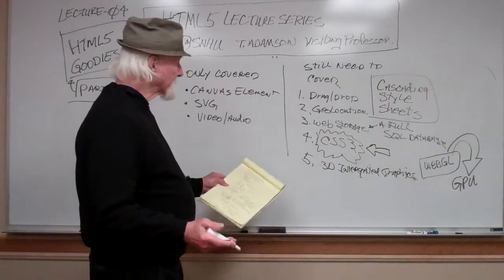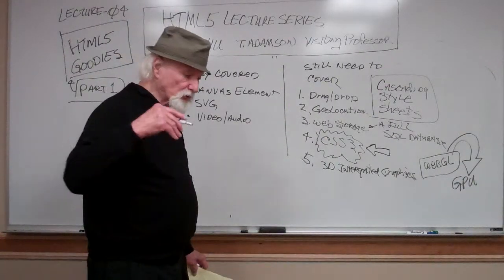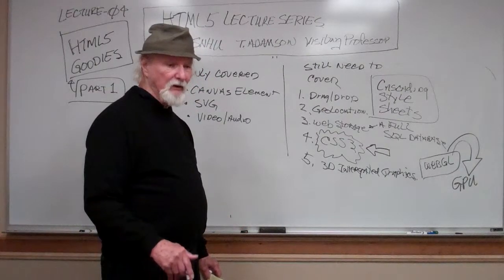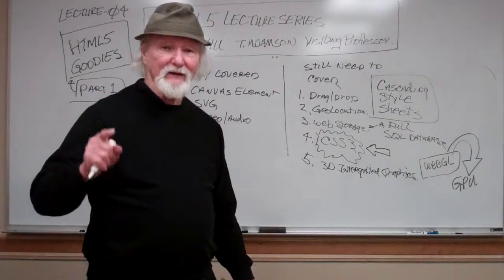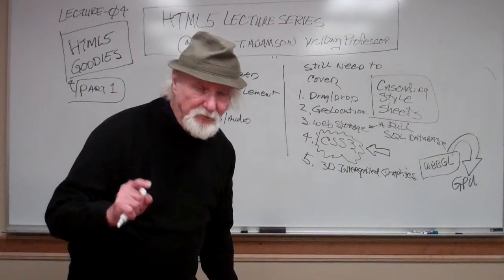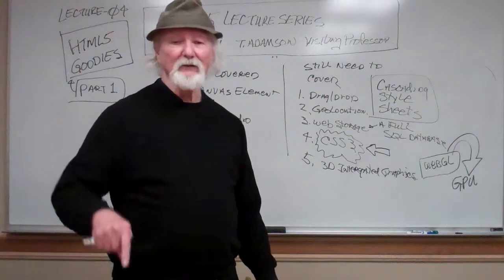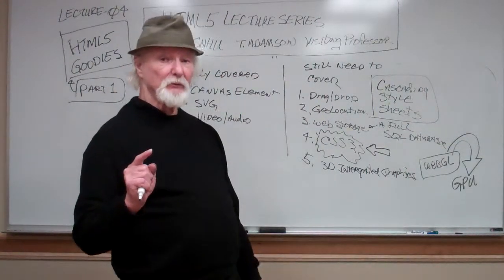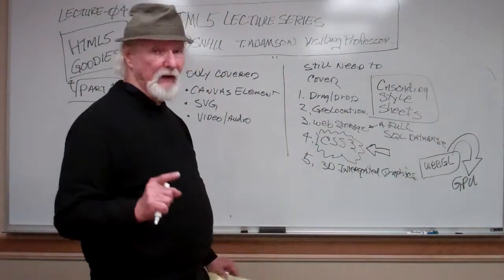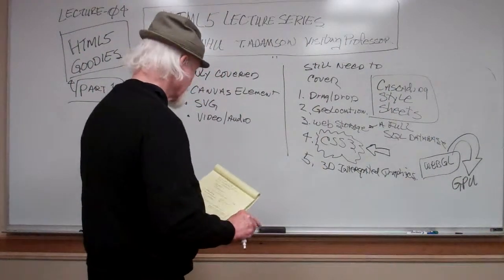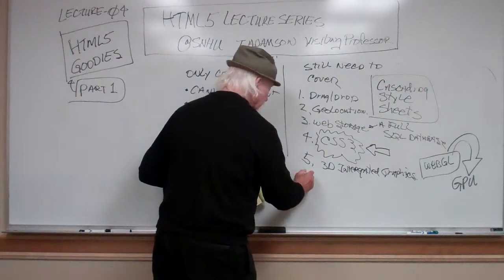I can now make it so that the web page can go directly to the graphical processing unit and bring me the same quality games, visually speaking, that I get when I download and install one now. But I do it through a browser. We'll show you how to do that in this series. That's amazing.